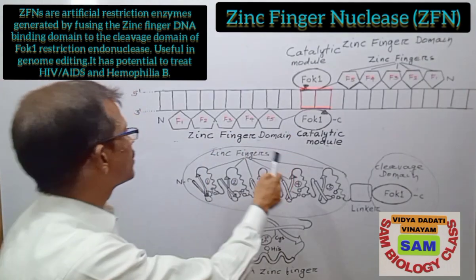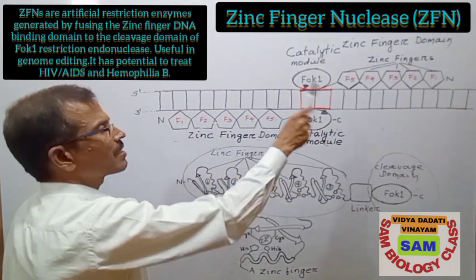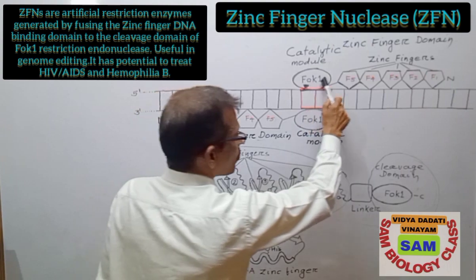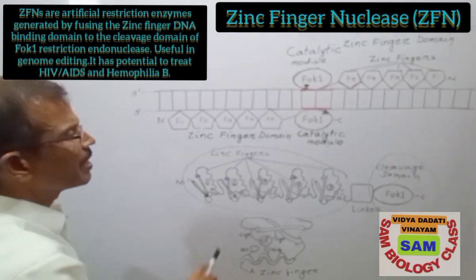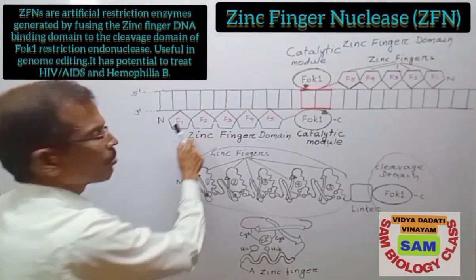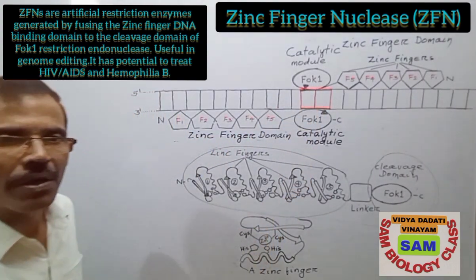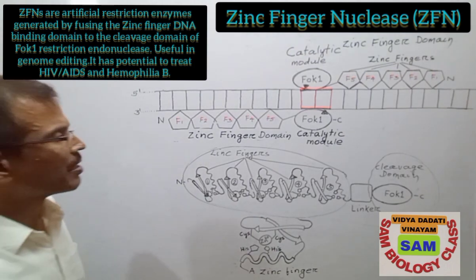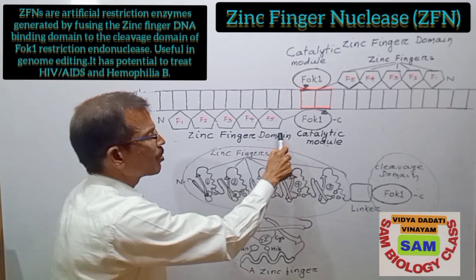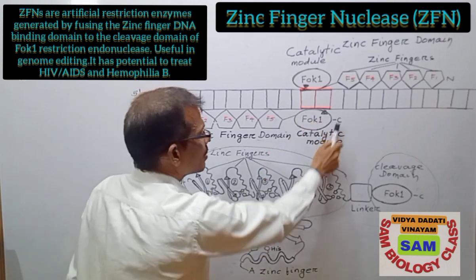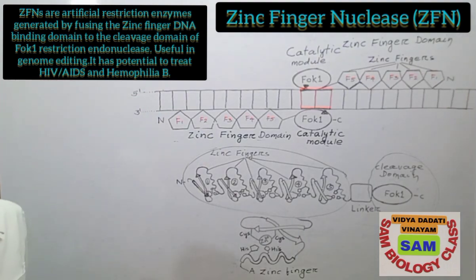In this figure, this is a double-stranded DNA molecule. On that side, this is a monomer of zinc finger nuclease, and on this side, this is another monomer. Both of them constitute a dimer, and each monomer consists of a zinc finger DNA binding domain and the cleavage domain of FokI restriction endonuclease.